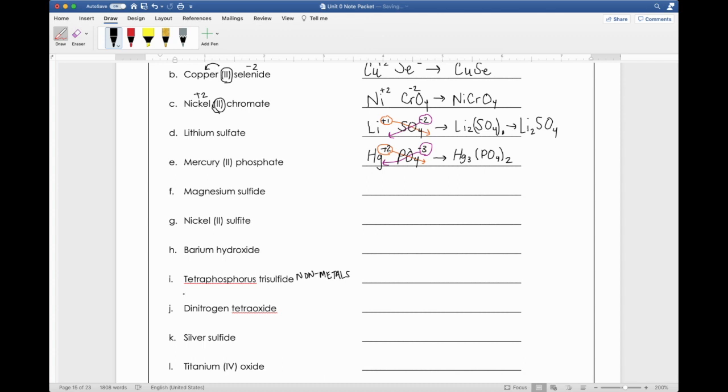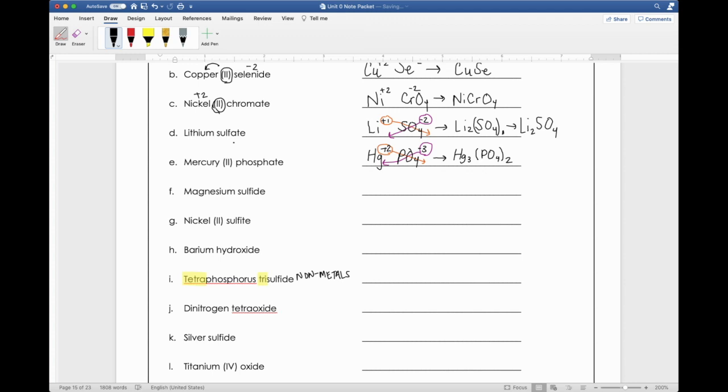When you're given these prefixes, so notice I have tetra, and I have tri right there. When you are given those prefixes, because you have all nonmetals in your formula, you do not have to switch any charges. I can't say that enough. All you have to do is write how many of each element are present.